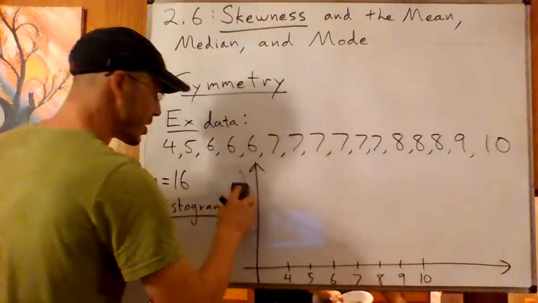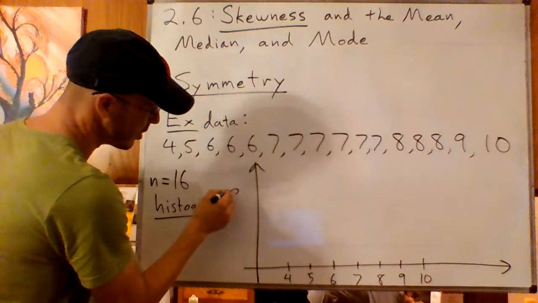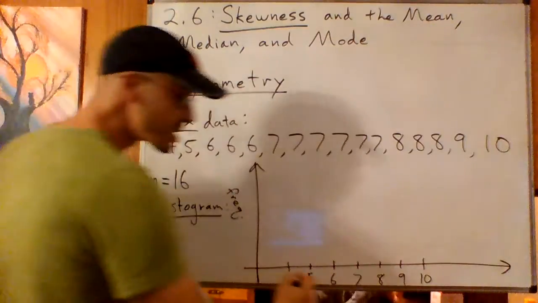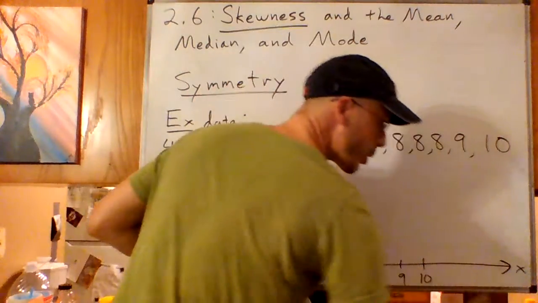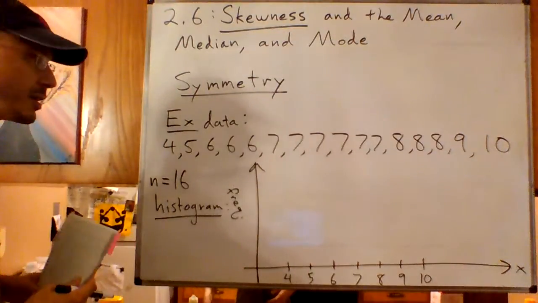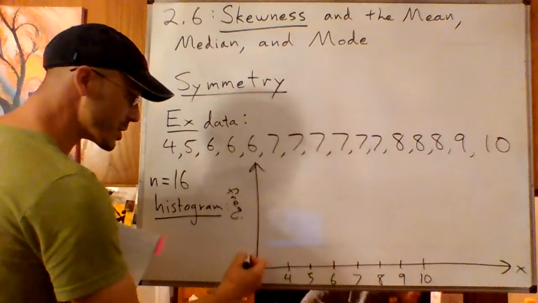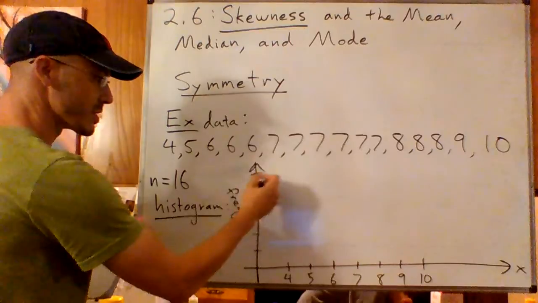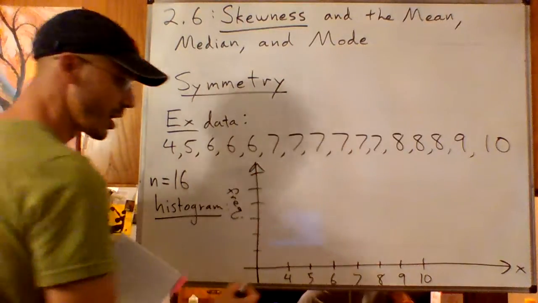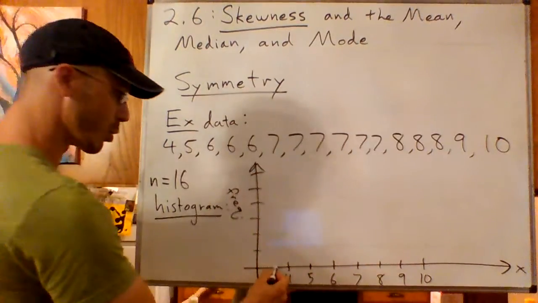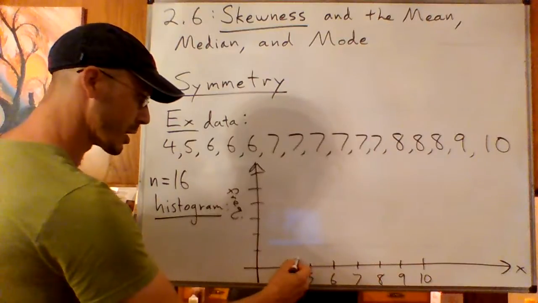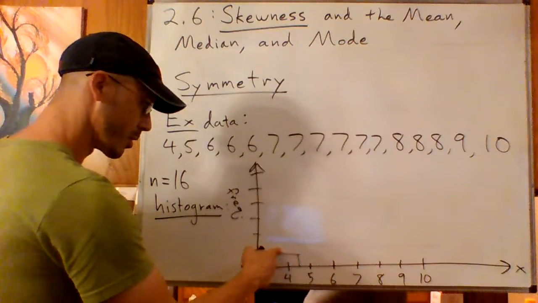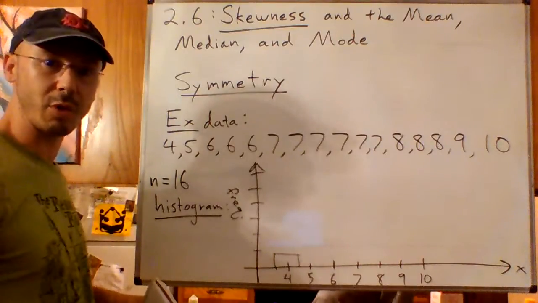Actually, let me write frequency for this axis. This is the actual data value, or what we're going to call x. For the frequency, though, I need to go up to 6. So 1, 2, 3, 4, 5, 6 is enough. For 4, there's only one 4, so my block at 4, my rectangle, only goes up 1.